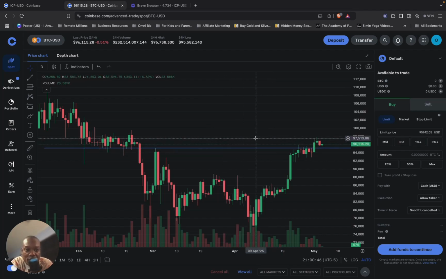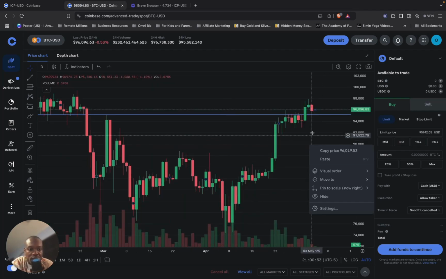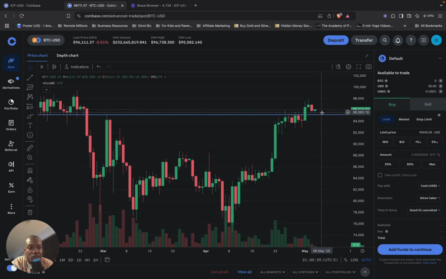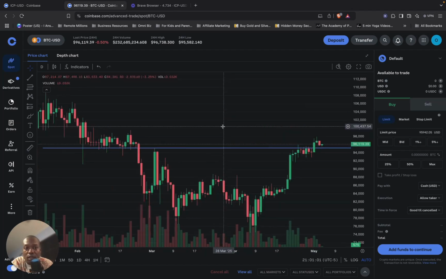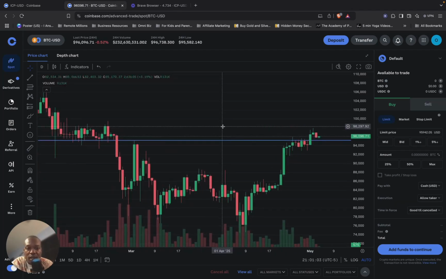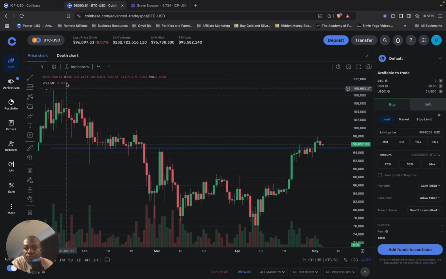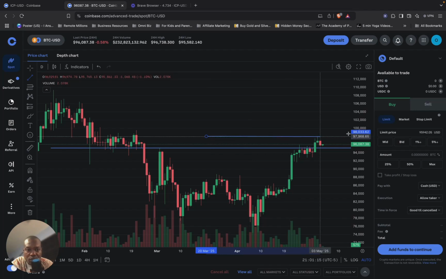So I'm going to put another line. So this will be our support line, because the candlesticks are above the line right now. So this is called our support line. And now we're going to make a resistance line. And we're going to put it around here because of what I was just saying over here, right?